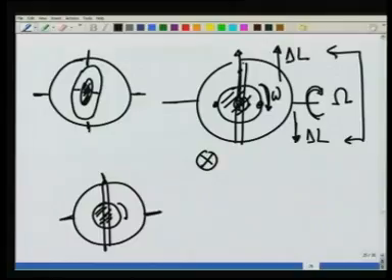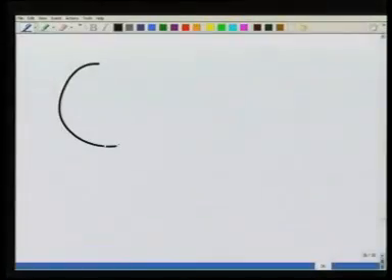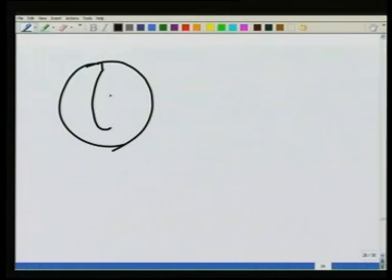To make it quantitative, let me make this outer frame, let me make the inner frame, and let this inner wheel be such that its axis is making an angle theta with this direction, making an angle theta coming out of the plane of the screen.